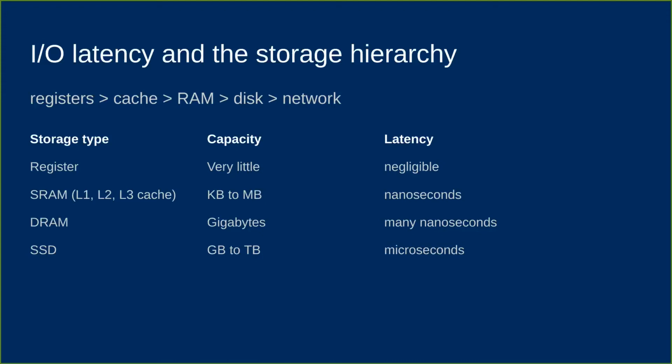So the reason we have these caches is we can't fit all the data we need to compute on in registers. And so we have to have somewhere to store intermediate data while we're not using that data right there. So once we go off of the CPU die, we get out to the RAM, and that's our memory.